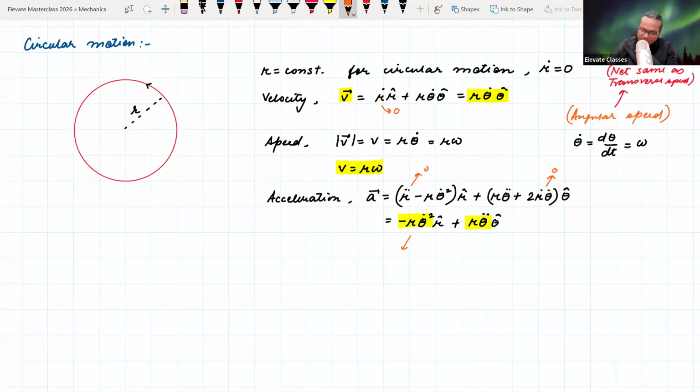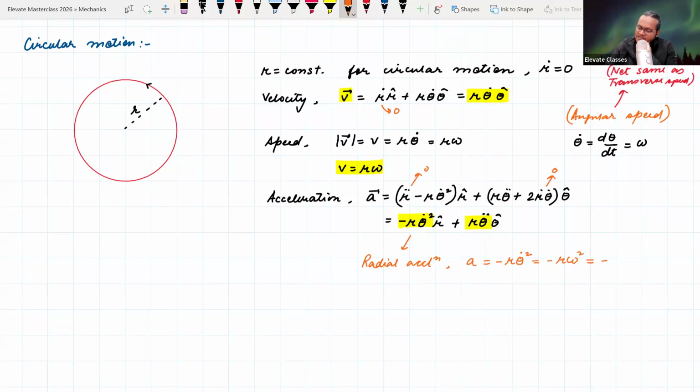So then the radial acceleration becomes a is equal to minus r theta dot square. What is this r theta dot square? This is the acceleration due to changing direction basically. It's not going in one particular direction. तो इसको लिख सकते हैं हम क्या? Minus r omega square. इसको लिख सकते हैं हम क्या?